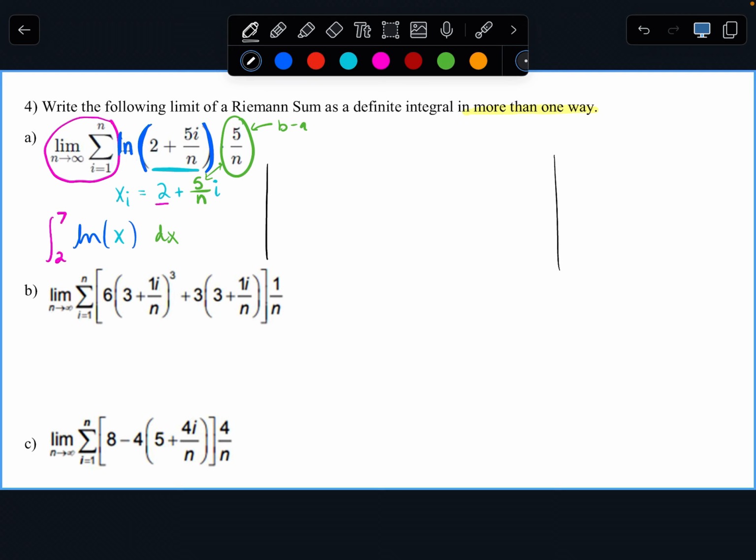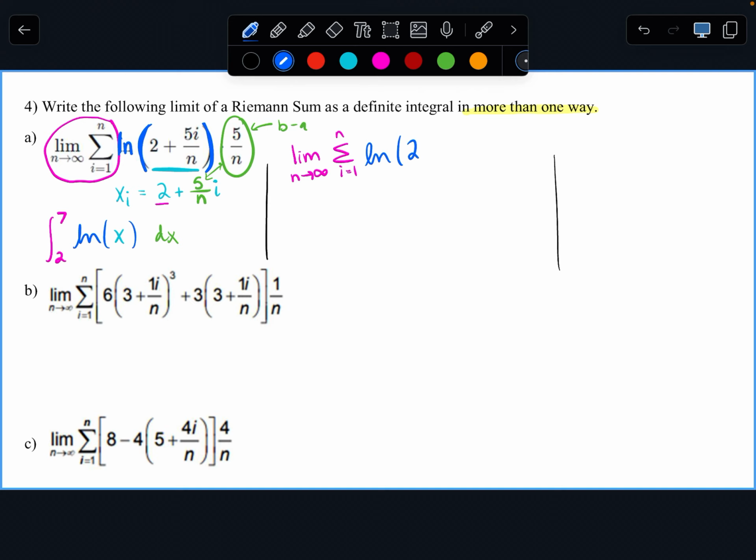I'm actually going to put some more room here. Now I'm going to do it a different way, so I'm going to rewrite this sigma stuff. Now I'm going to change what my f is.